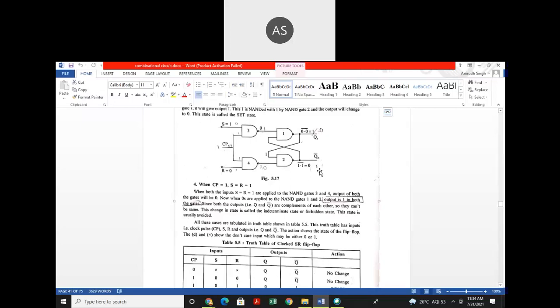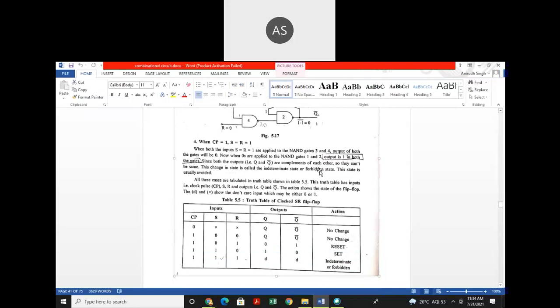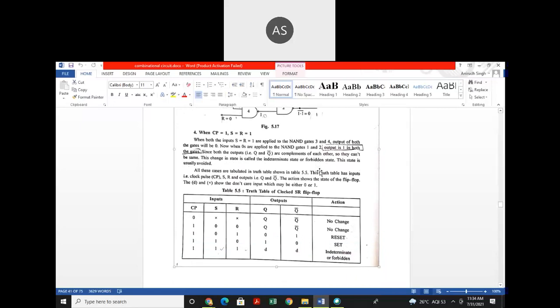This state is also known as forbidden state. Forbidden state means we cannot apply 1 simultaneously, or high voltage simultaneously, at both input terminals.